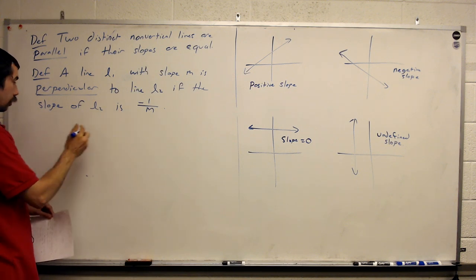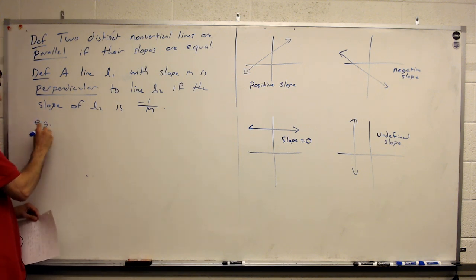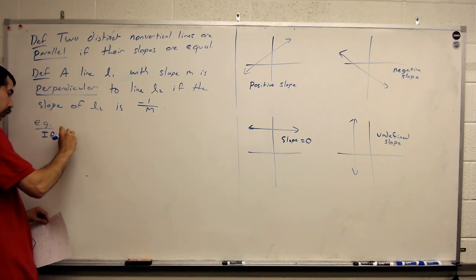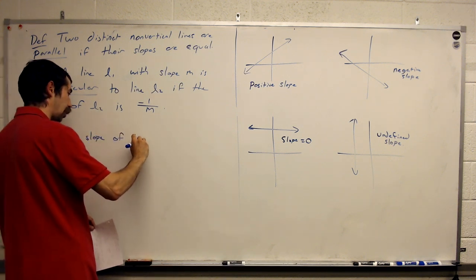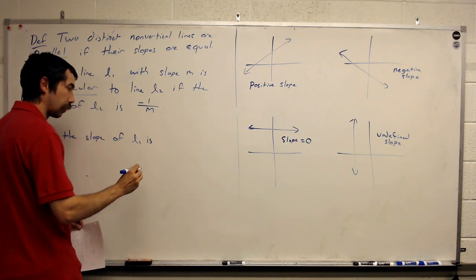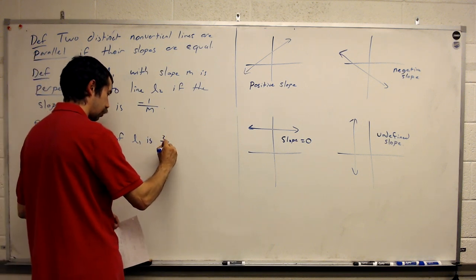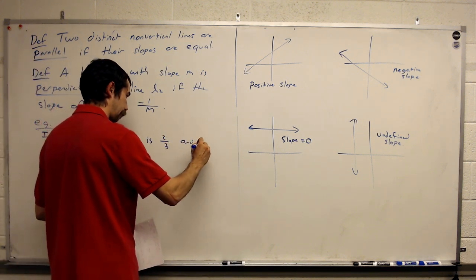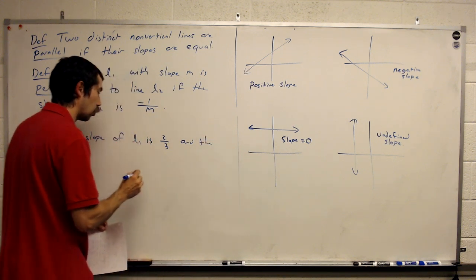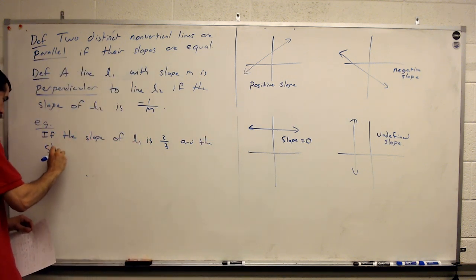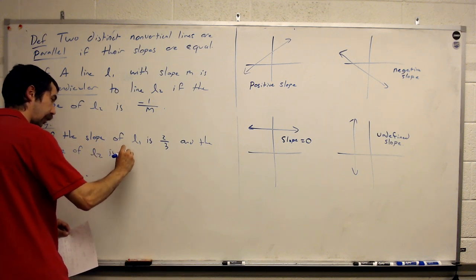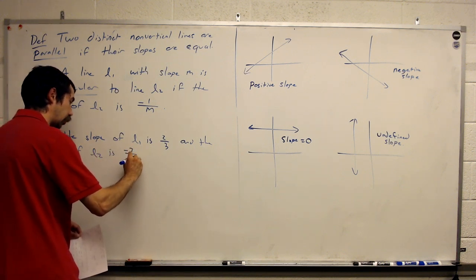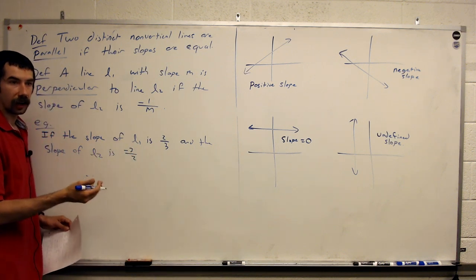And so, for example, if the slope of L1 is 2/3, and the slope of L2 is negative 3 over 2, the lines are perpendicular.